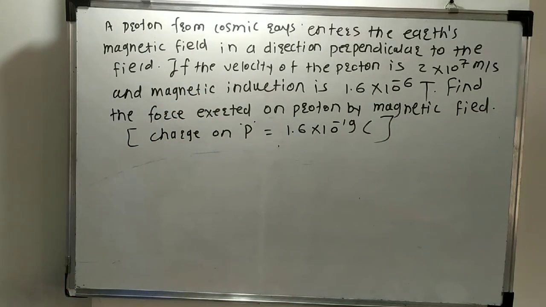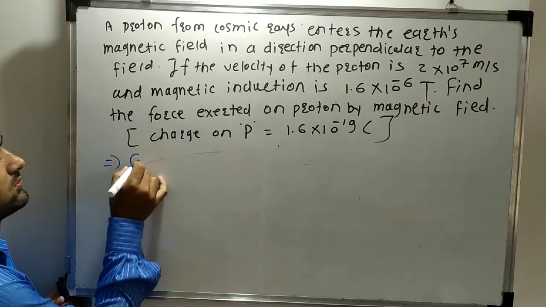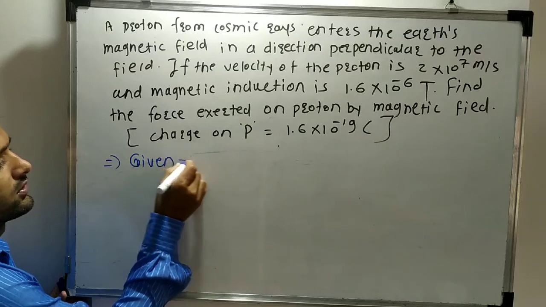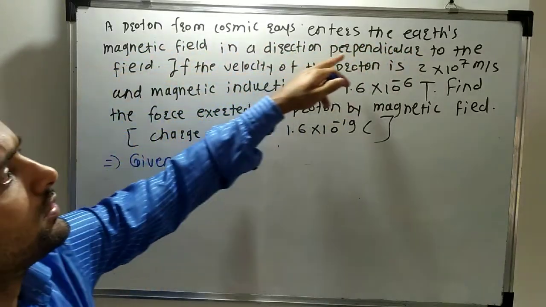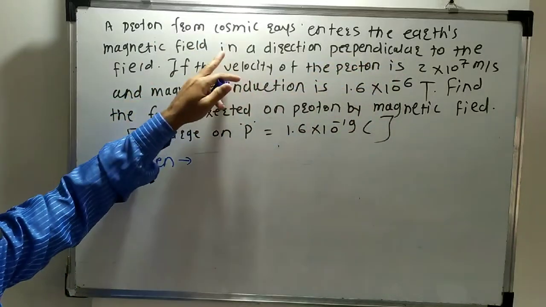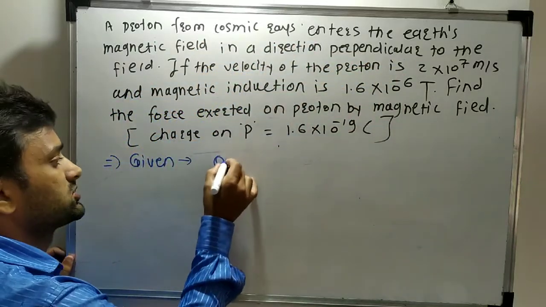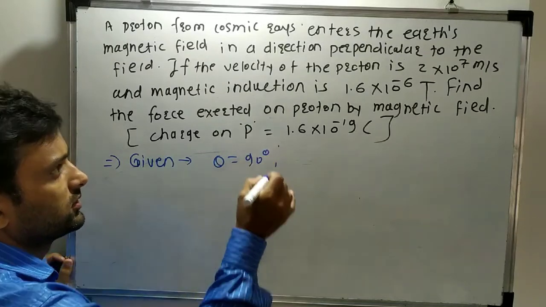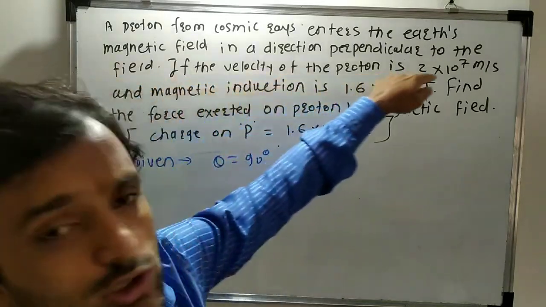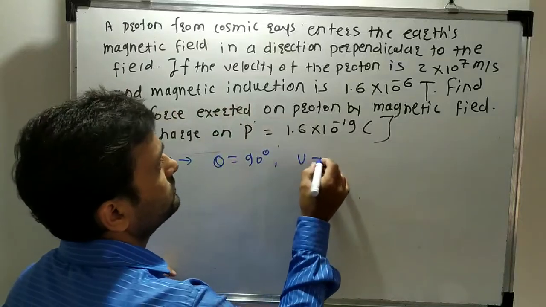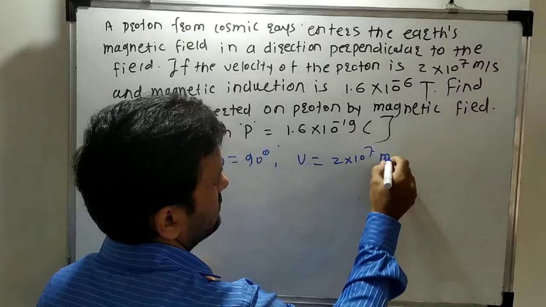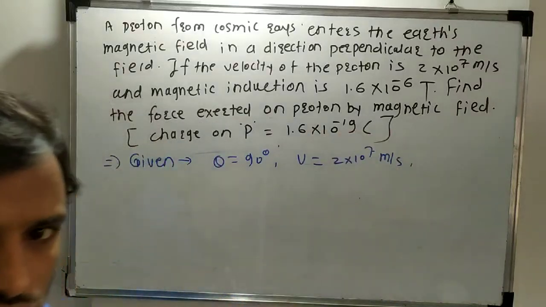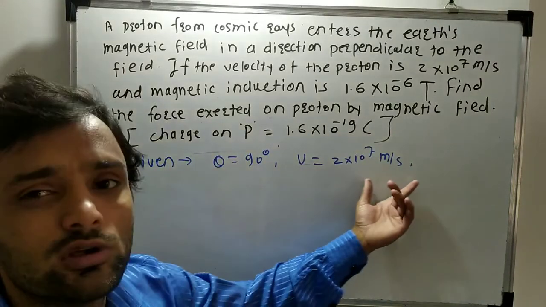So what are the given terms here? The angle is given. Direction perpendicular means theta is 90 degree here. The velocity is 2 into 10 raised to 7, and there is no change because the value is already given in SI units.